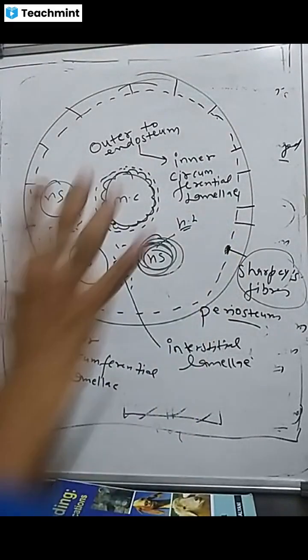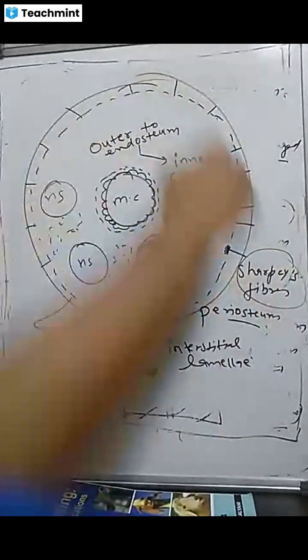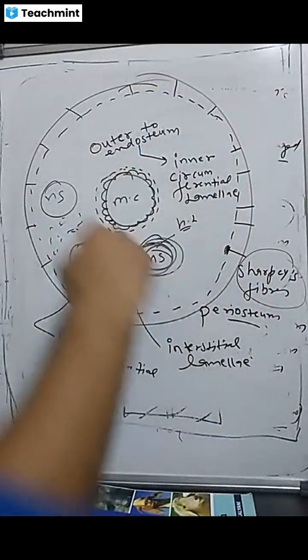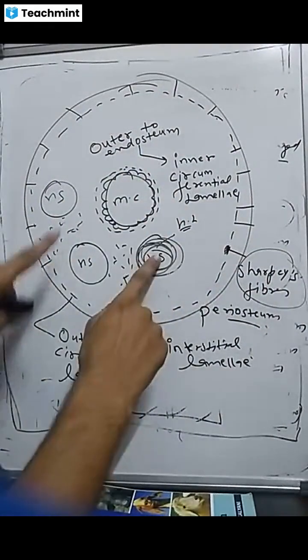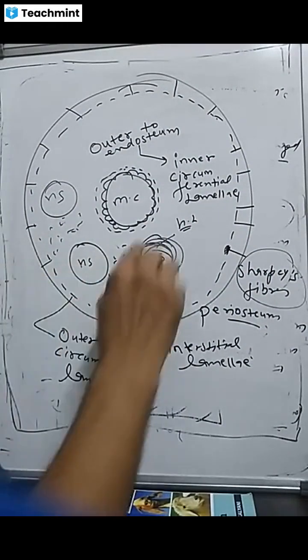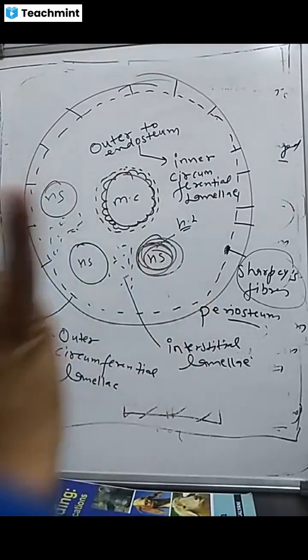So a total of four types of lamellae are present: one just beneath the periosteum, one outside the endosteum, one in between the Haversian systems, and one inside the Haversian system.